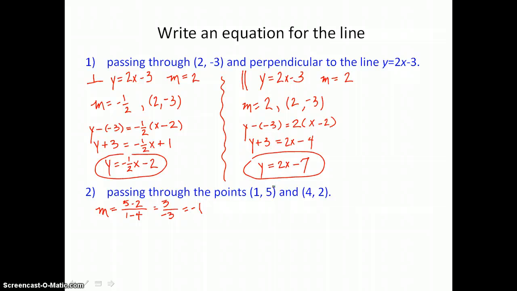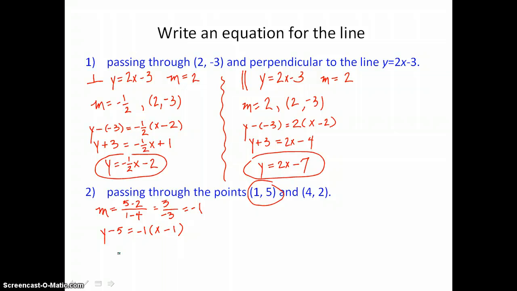And now to write the equation, I can choose either point and use the slope, and use point-slope form to write the equation. So again, I'll take y, take away the y coordinate I chose to use, 5, is equal to the slope that we found, negative 1, times x take away the x coordinate I chose to use, 1.